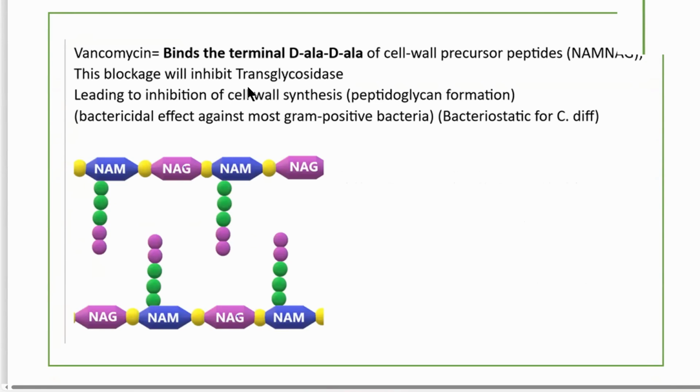Instead, it inhibits transglycosylase, which is basically the union of these NAM and NAG complexes. It's able to inhibit this so that they don't unite, right? So that's why we can use it. When penicillins are not the best choices, when beta-lactams are not working, there's always going to be the option of vancomycin, which is a very powerful drug, right? So that's perfect. That makes sense.